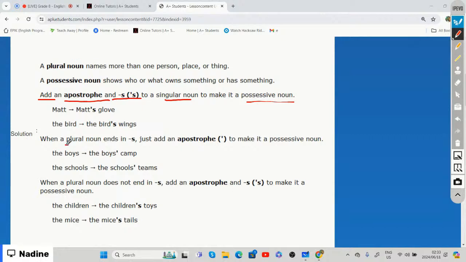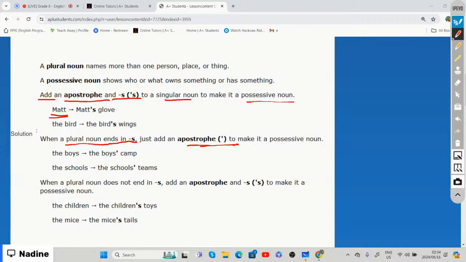And when a plural noun ends in S, then we just add an apostrophe without an S to make it a possessive noun. If we want to look at an example of how we add an apostrophe and an S to a singular noun to make it a possessive noun, let's say we make mention of Matt, Jack, or Nadine, right?